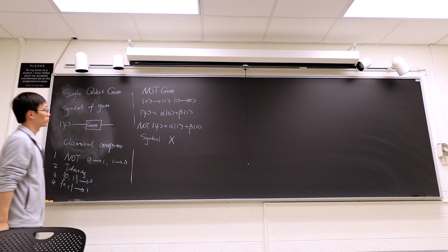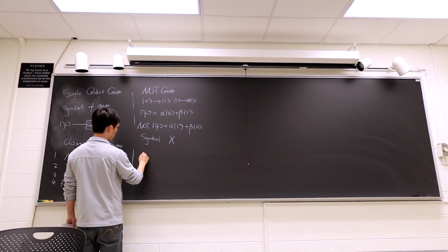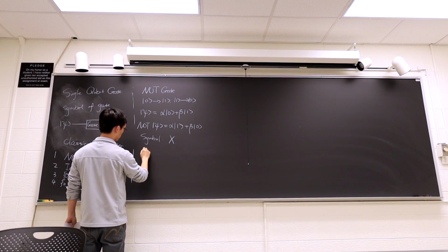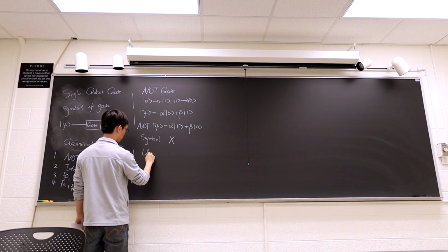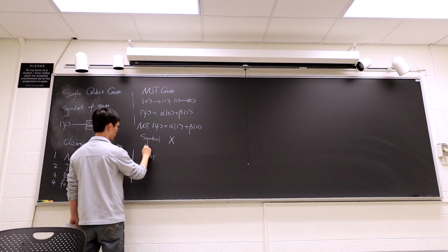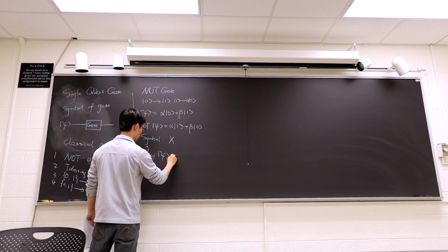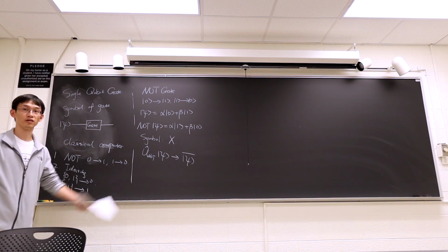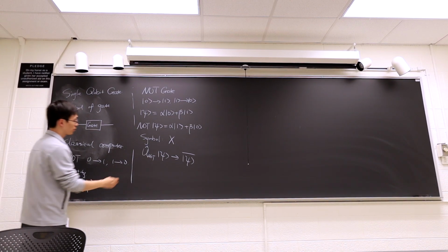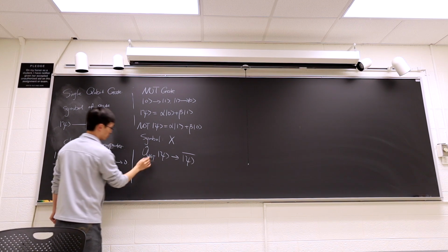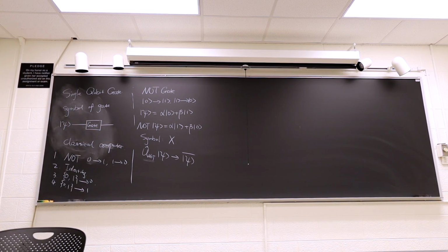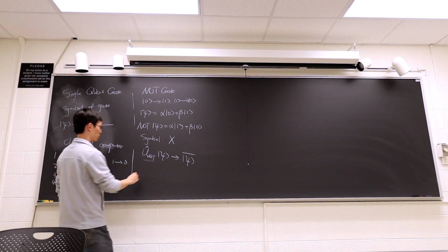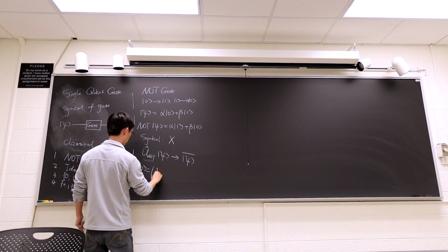So the natural question would be, well, we know that to apply a NOT gate, you apply a unitary operator onto the state, and then you make the state into the opposite of what it is. So for any gate, the question you want to ask is what is the matrix for this gate? Because you can write down 0 as (1, 0).